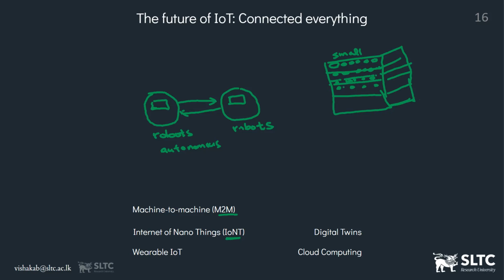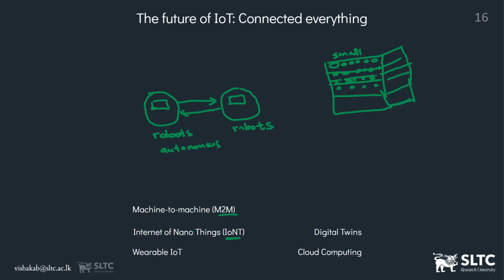We can place these nano sensors at each point in the building, and monitor the condition and the quality of the walls. Likewise, we can monitor many things using these sensors that are placed in the environment.